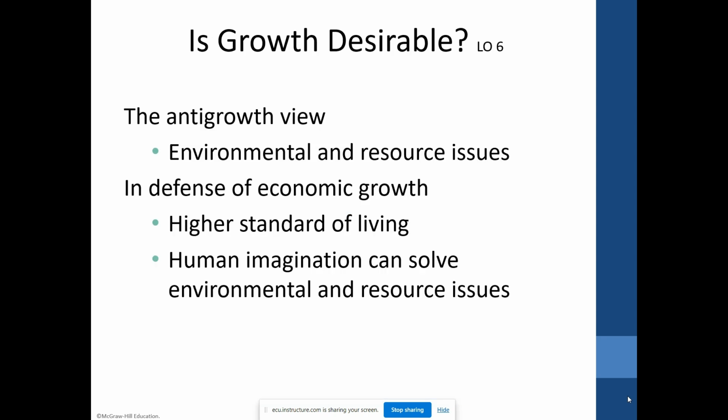While most economists usually agree that economic growth is desirable and sustainable, not everyone agrees. Critics say industrialization and growth comes with pollution, climate change, ozone depletion, and other environmental problems.